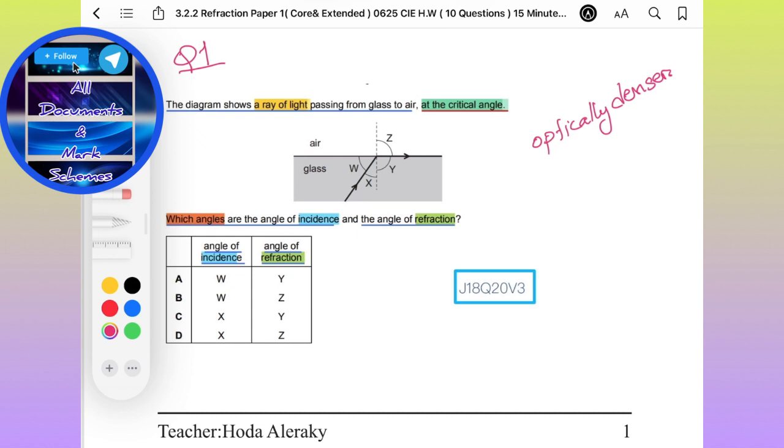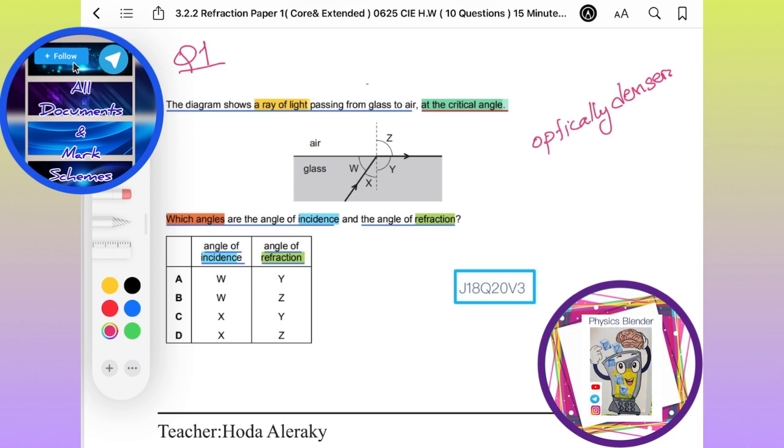Okay, so which angles are the angle of incidence and the angle of refraction? The angle of incidence is the angle between the normal, the dotted construction line, and the incident light ray. So which angle here? X is the angle of incidence.